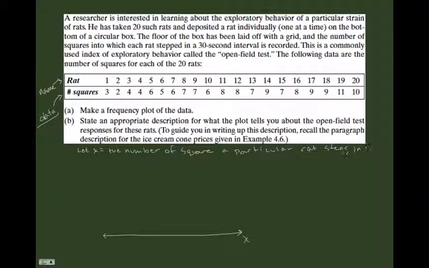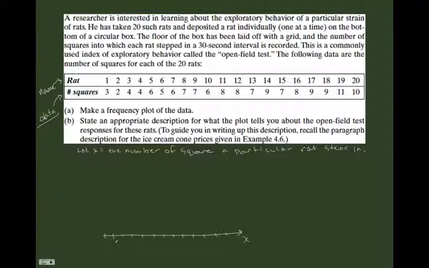Now see, with a clearly articulated variable, I can start to think about how I'm going to label and scale my axis. Let's see, I've got 1, 2, 3, 4, 5, 6, 7, 8, 9, 10, 11, and then maybe I'll put one more for 12.